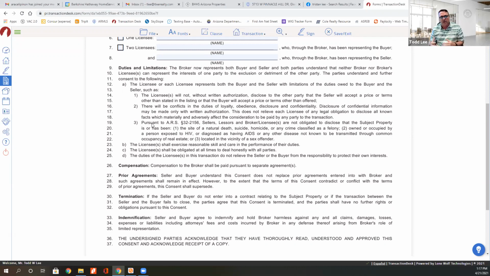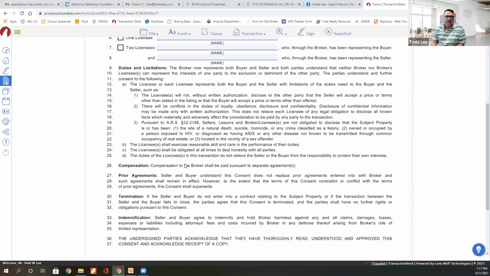There are certain things that you're not going to be able to do and exercise as one of the representing both parties. But it does say there are limitations, but you still have to operate with reasonable skill and care in performance of your duties, and you're obligated to deal honestly with both parties.